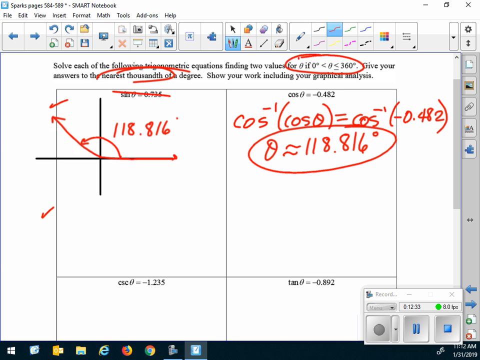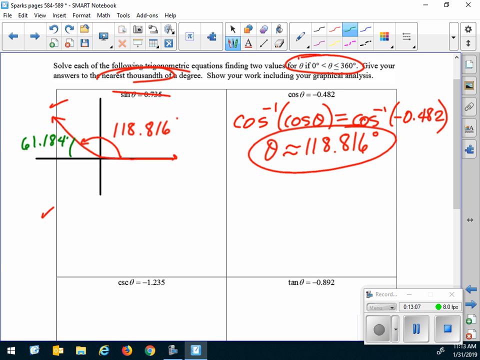How in the world do I find an angle in quadrant 3 that has that same cosine? I'm sorry? The reference angle. What is the reference angle? Do 180 minus answer. So what do I do with that reference angle?